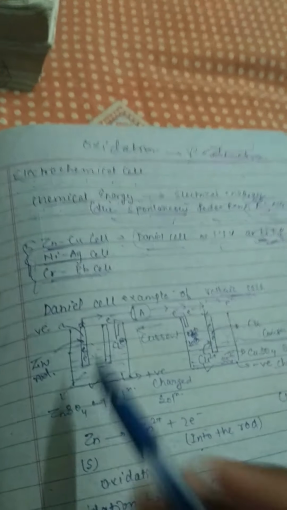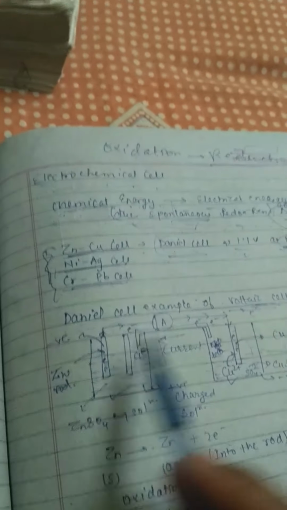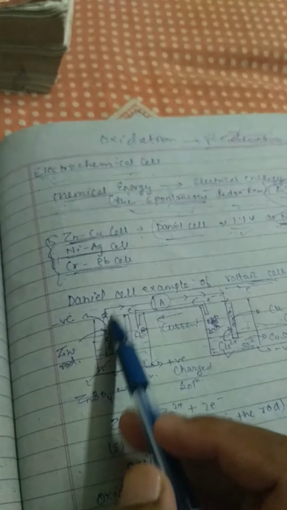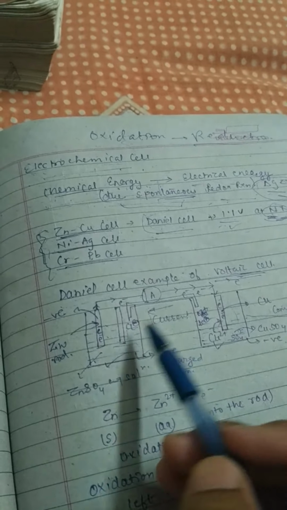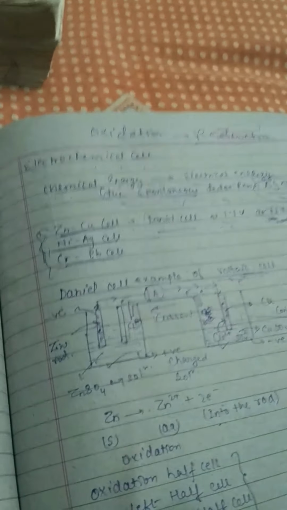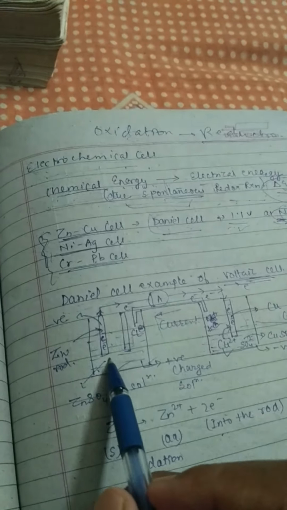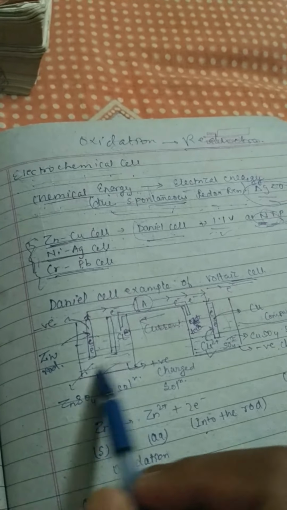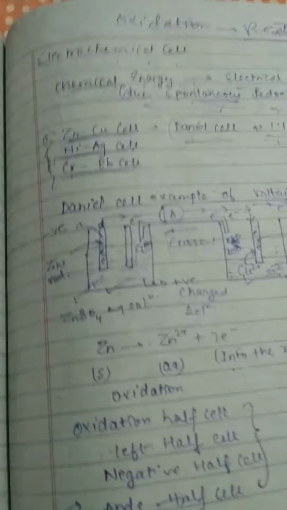Now we can talk about the Daniel cell, which is an example of a voltaic cell or electrochemical cell. A voltaic cell or Daniel cell has two containers, which we can call half cells. In the left half cell, we take one electrode made from zinc, and we take the solution of the same metal, such as zinc sulfate.